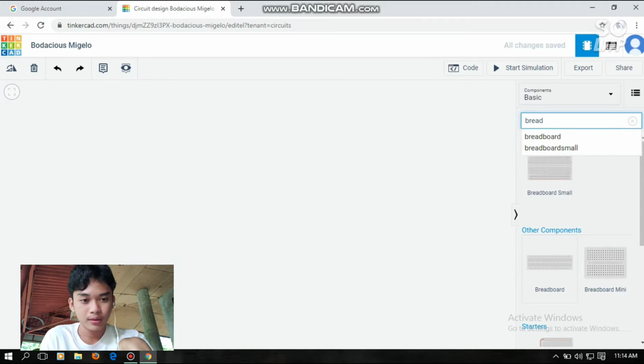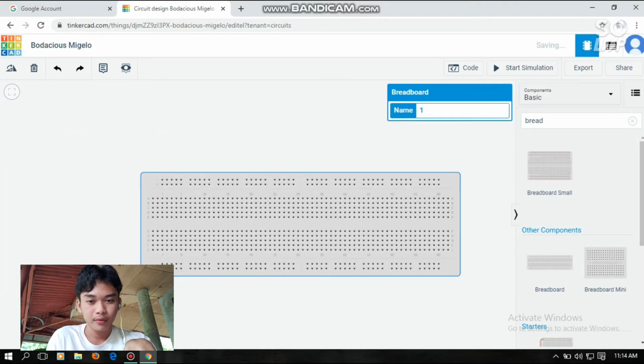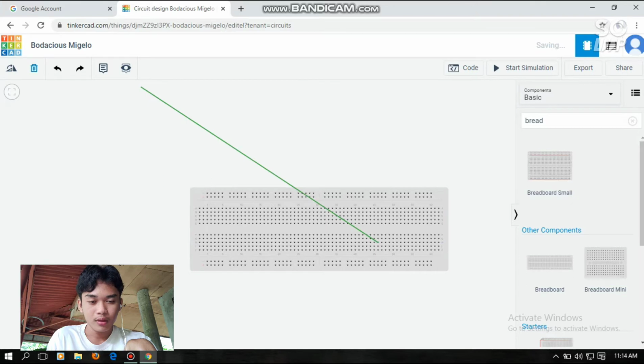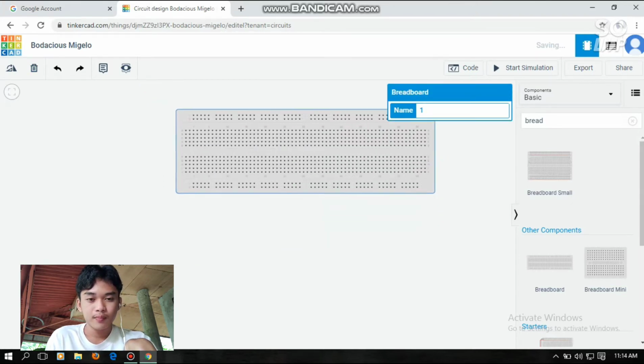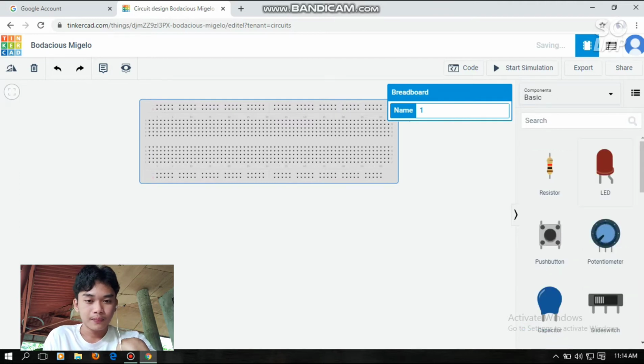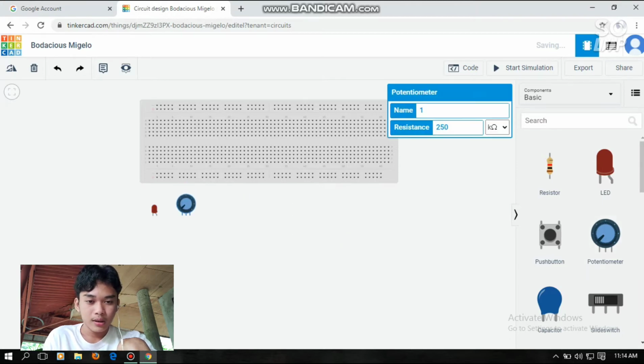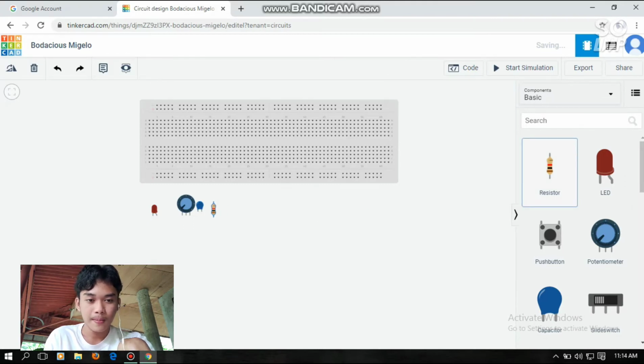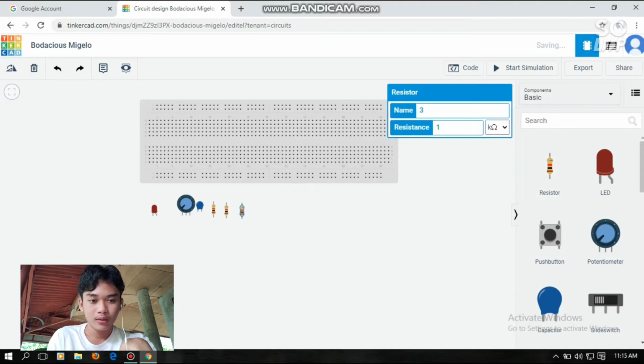A breadboard, LED light, a potentiometer, capacitor, 3 resistors, and a polarized capacitor.